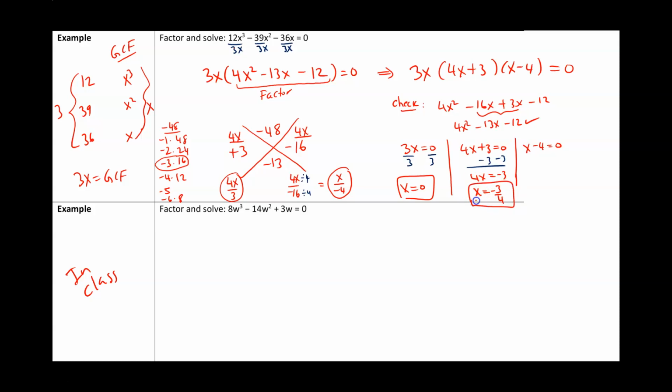That's my second solution. And for my third solution, I'm just going to add 4 to both sides. So I get x equals 4. So these are my 3 solutions. So for an equation with a cube, I usually get 3 different solutions. All right, next one we'll do in class.